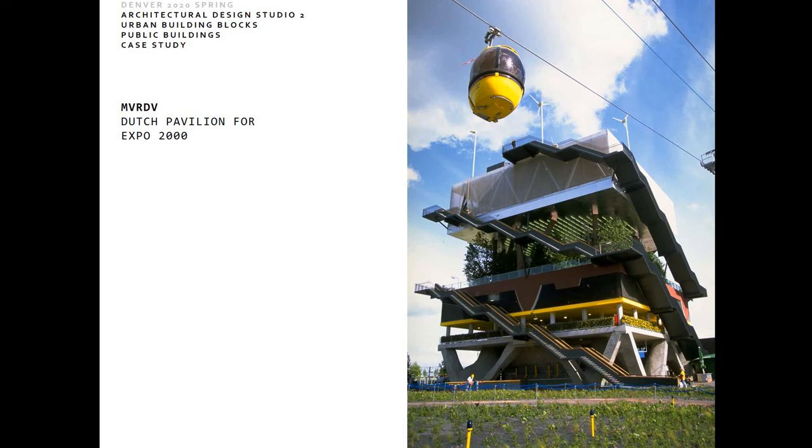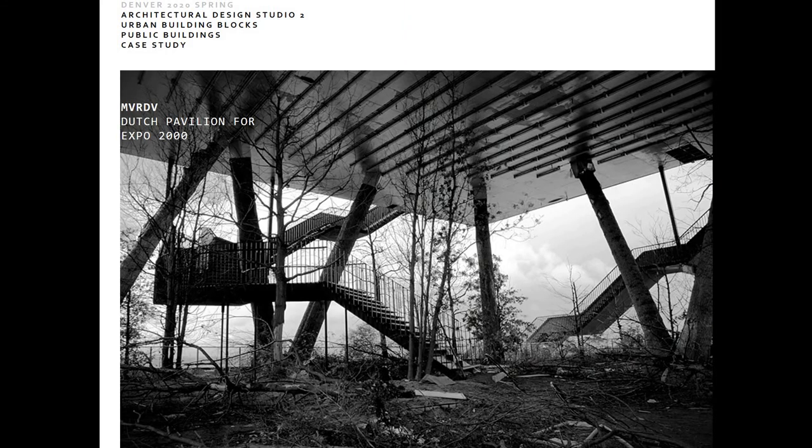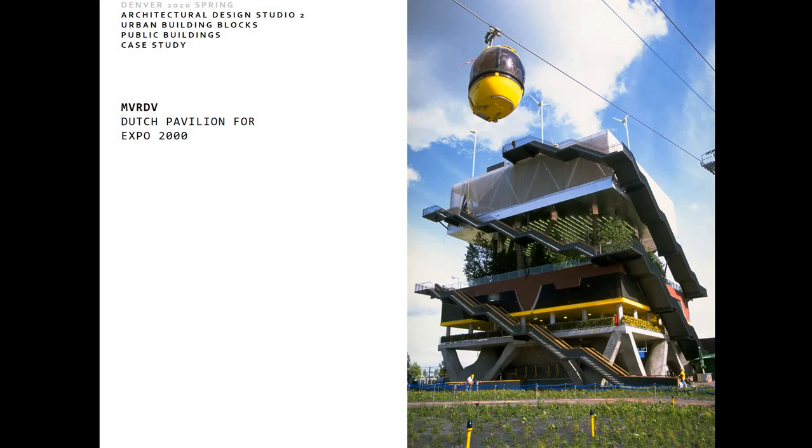The architects do not call it a building but a stacked landscape. The visitors are transported by elevators up to the highest floor, at 40 meters above ground level, where a lake is situated, pointing to the large part of the Netherlands below sea level.